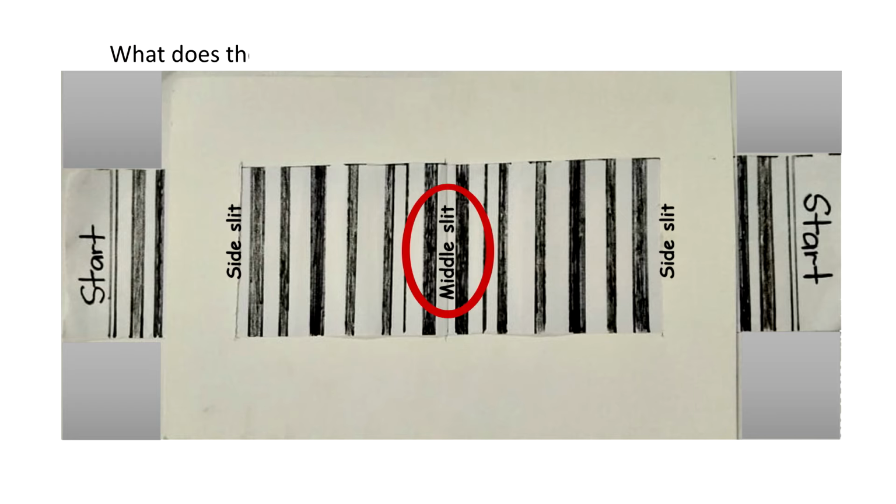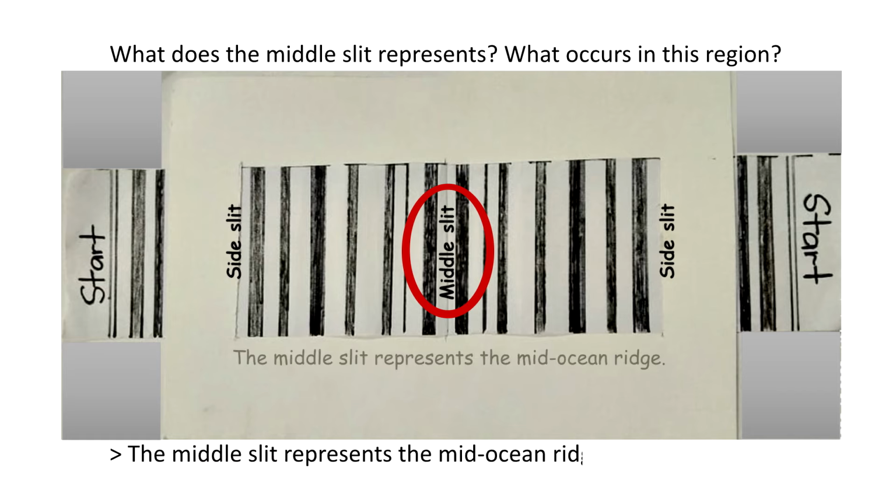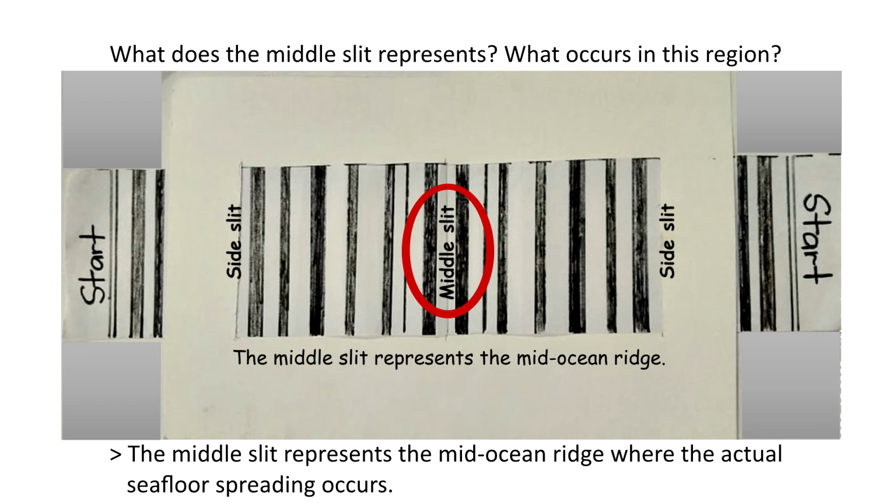What does the middle slit represent? What occurs in this region? The middle slit represents the mid-ocean ridge where the actual seafloor spreading occurs.